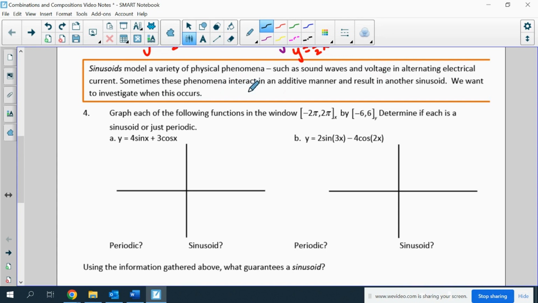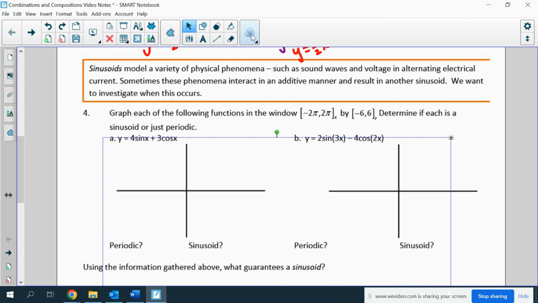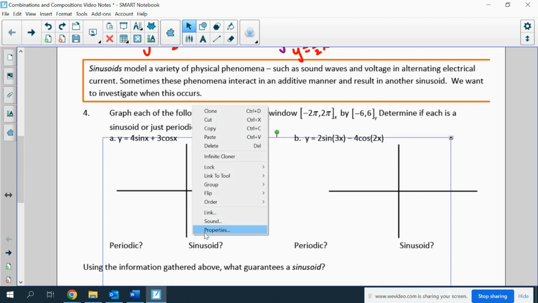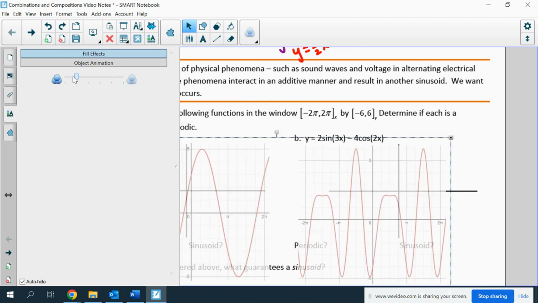So you get another thing that looks like that. Sometimes you add them and it is still periodic, but it doesn't look like the typical sine or cosine wave. So what we're going to do is take a look at these two graphs, and figure out what that means in terms of how these graphs look.